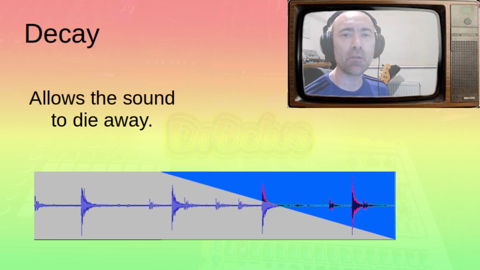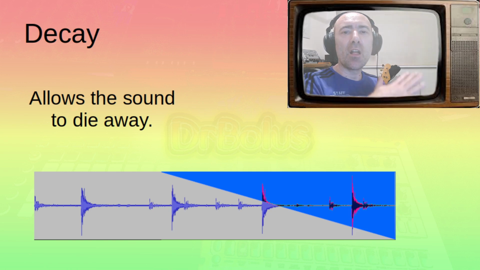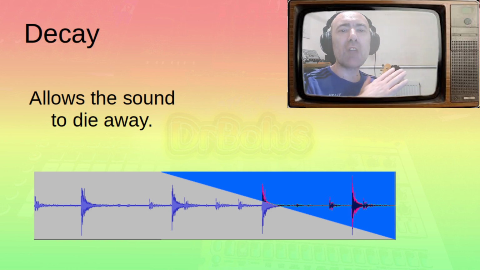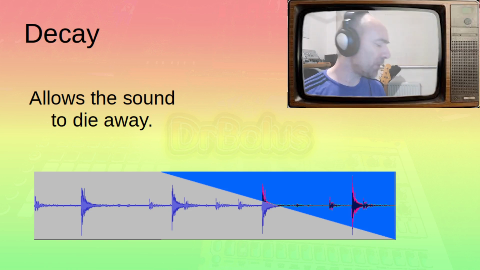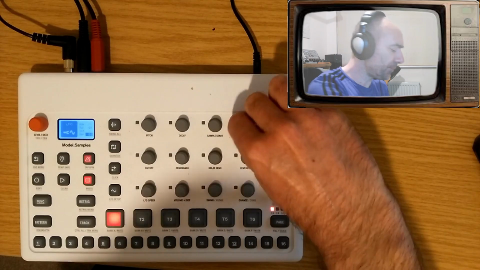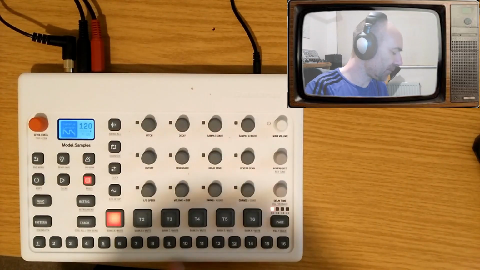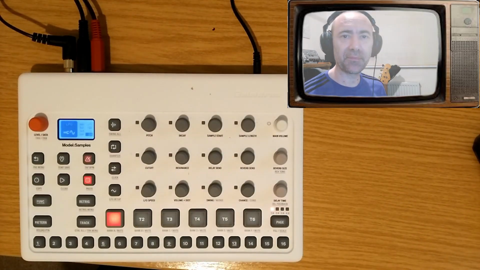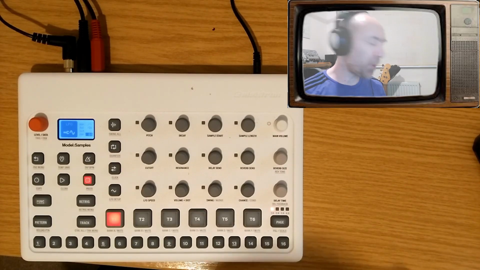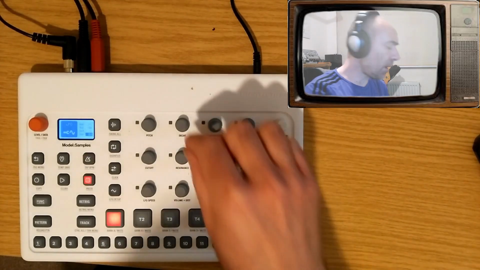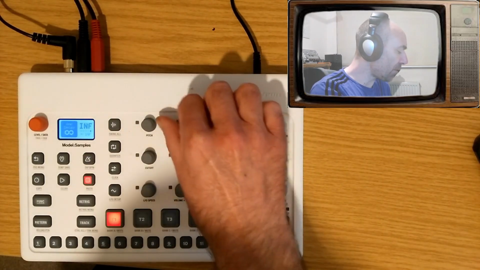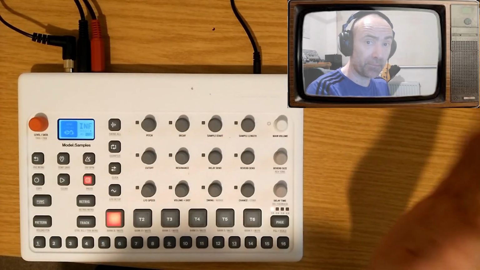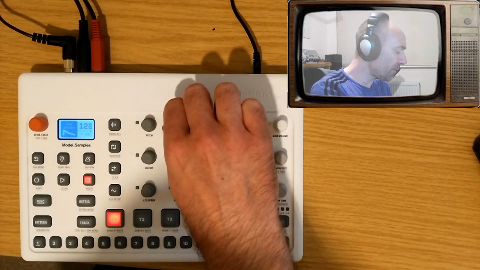Decay in a traditional filter is the sound gradually getting quieter over an amount of time. So if I open up the loop the whole way again, and we start playing with the decay, you'll see what I mean. When it's on infinite, there's no decay at all.